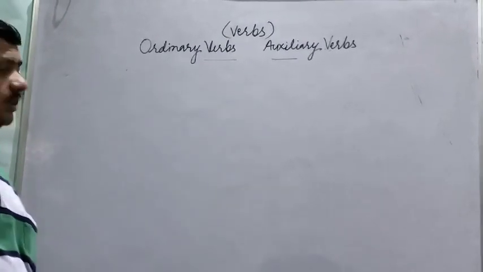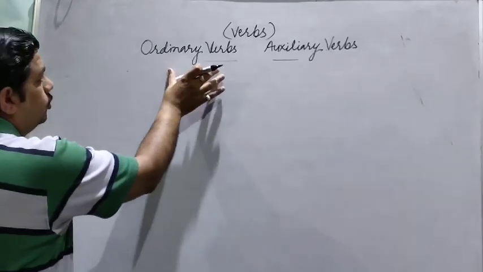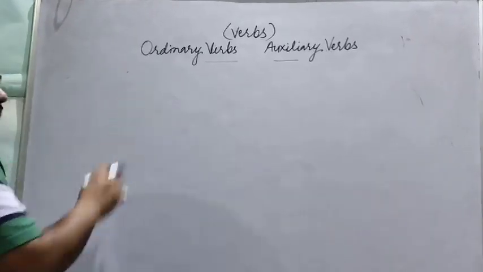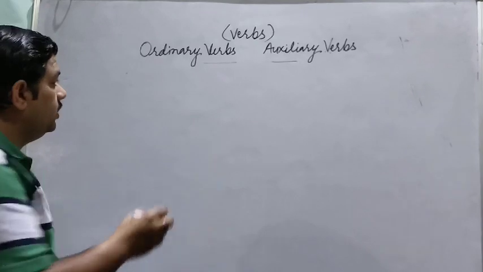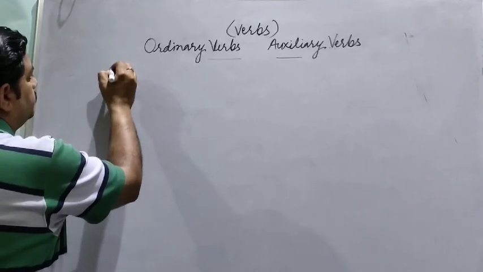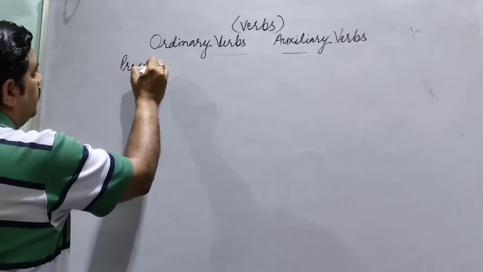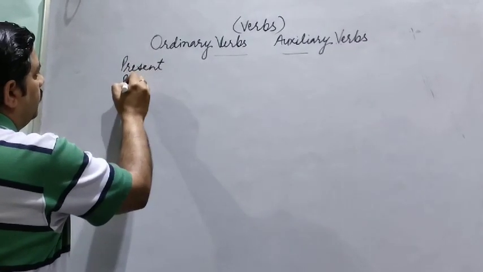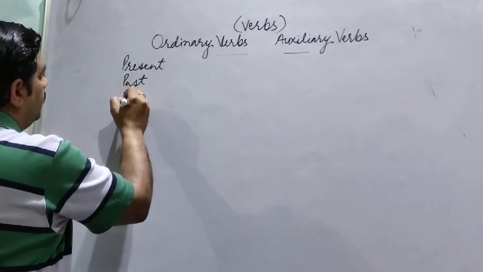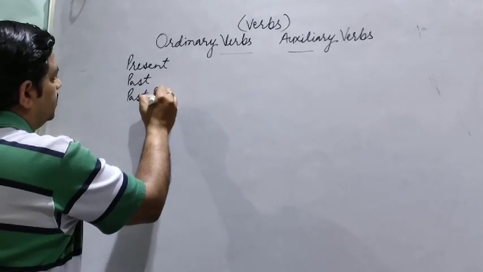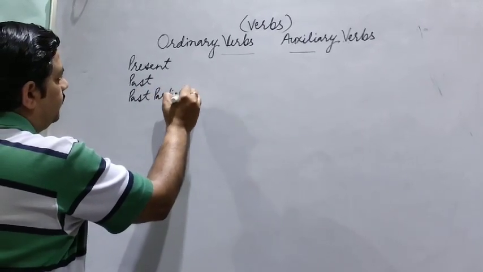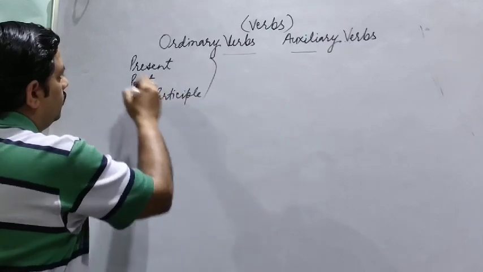Ordinary verbs basically are those verbs that have these three forms. Okay, like present form, past form, and past participle. Means these are the forms I am telling you.